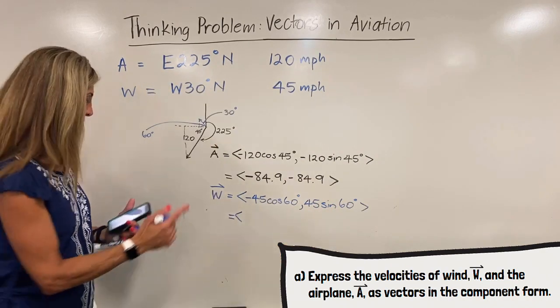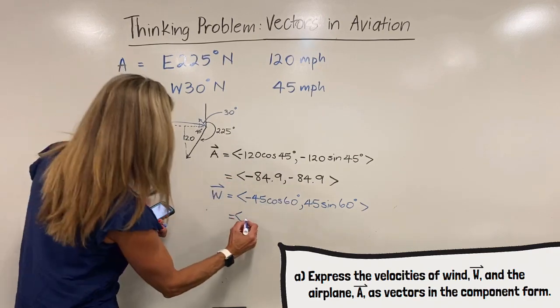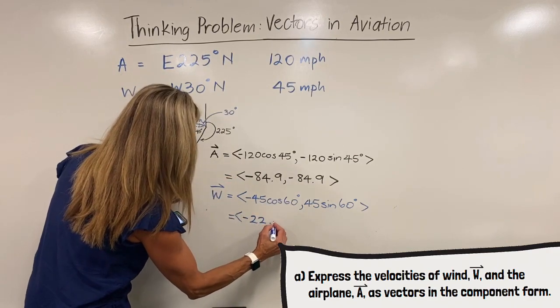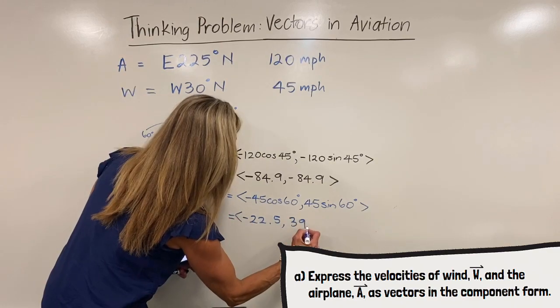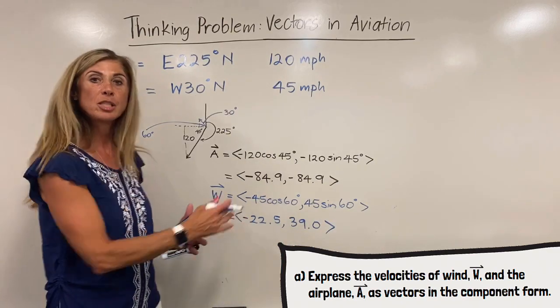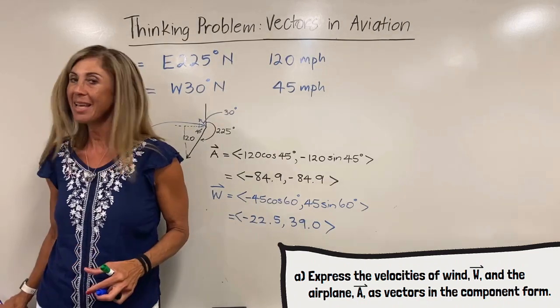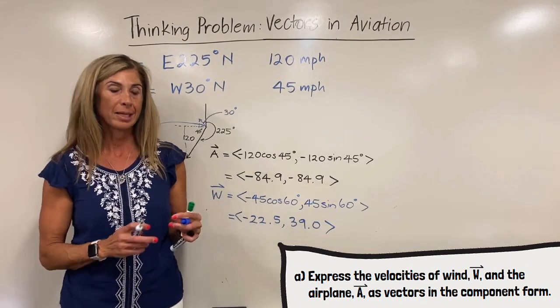This gives us our horizontal measurement of negative 22.5 and our vertical measurement of 39.0. I've rounded to one decimal place since our value is 38.97.